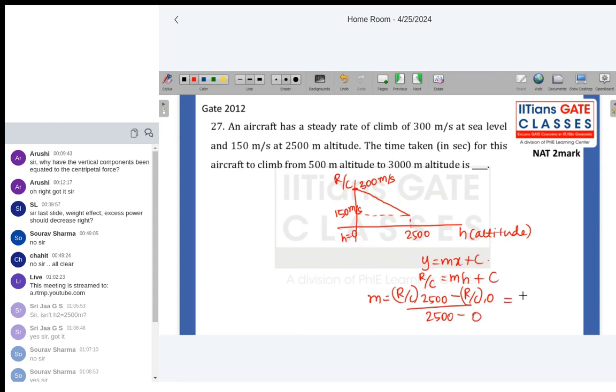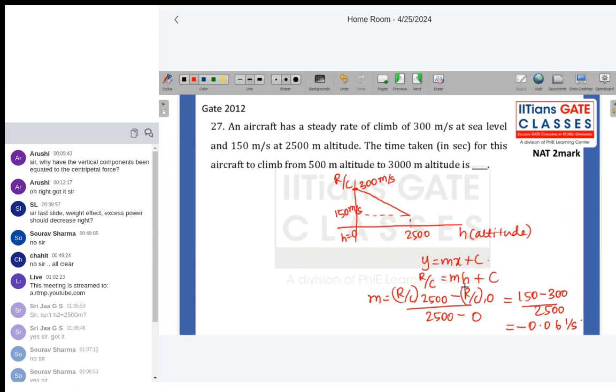Rate of climb at 2500 meter is 150, rate of climb at sea level is 300, divided by 2500. The slope is minus 0.06, because rate of climb is in meter per second and altitude is in meter, so it is per second.